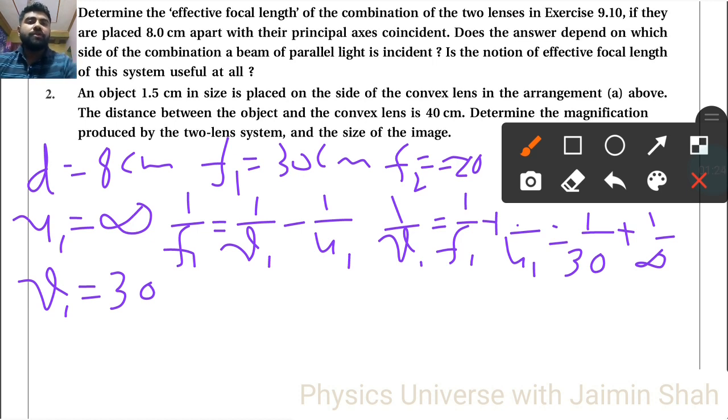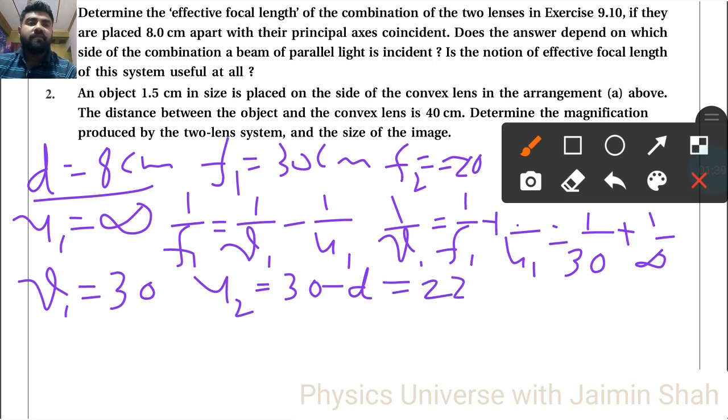Now we have to find u2. u2 is equal to 30 minus d, because the separation d is also given. For the second lens, this is the object distance, so 30 minus 8 is 22 centimeter. Now we have to find v2, so 1 upon v2 is equal to 1 upon f2 plus 1 upon u2.